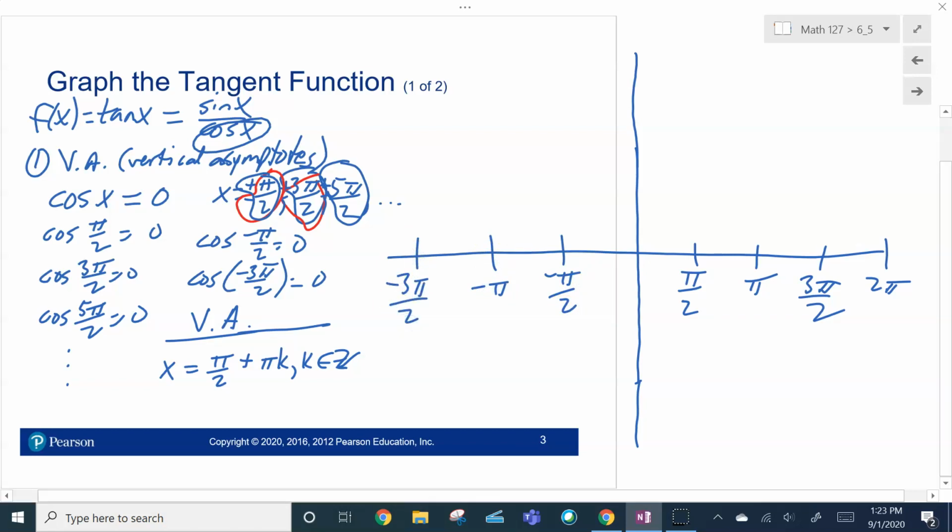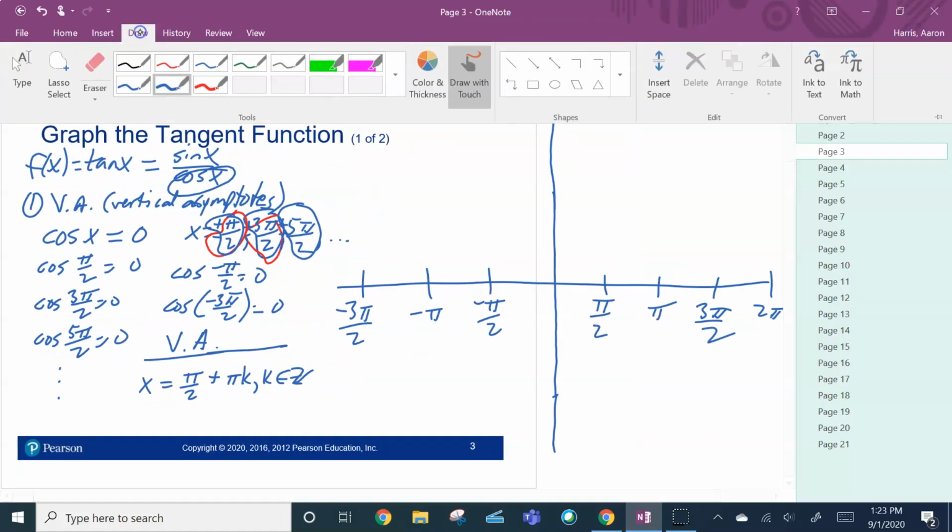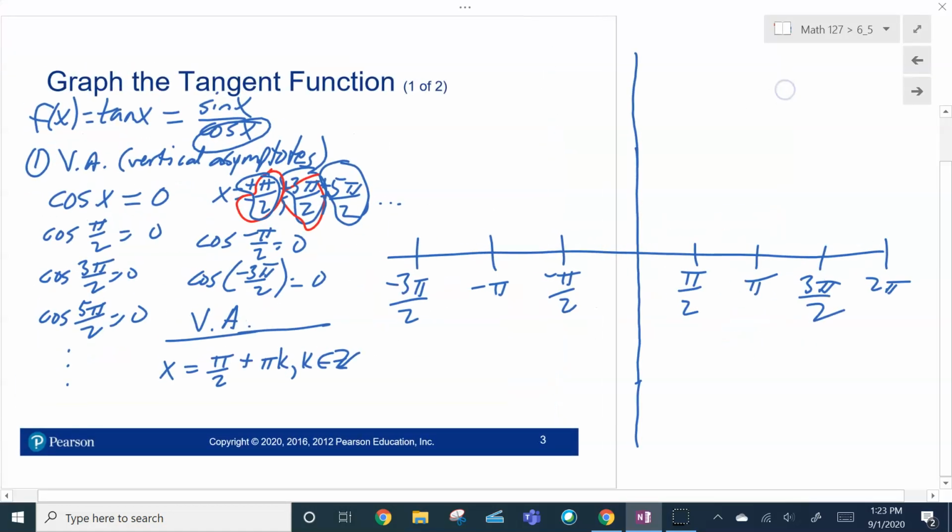I'm going to put my vertical asymptotes on here now. Let me do that in red. So I have a vertical asymptote at pi halves, 3 pi halves. I know I'm not going to hit this; this is where it's undefined. I know I have it at negative pi halves, at negative 3 pi halves, and so on.